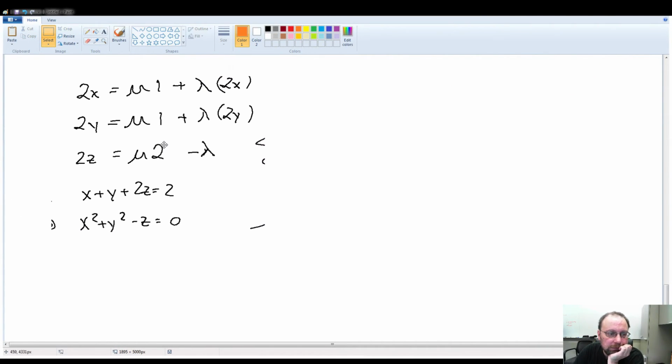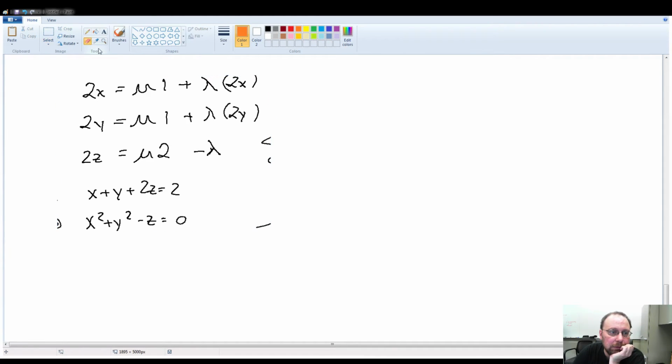All right. I just copied that system really quickly. So yeah, we wanted to consider the last case where lambda is 1. So let's do that. If lambda is 1, okay, I see it.